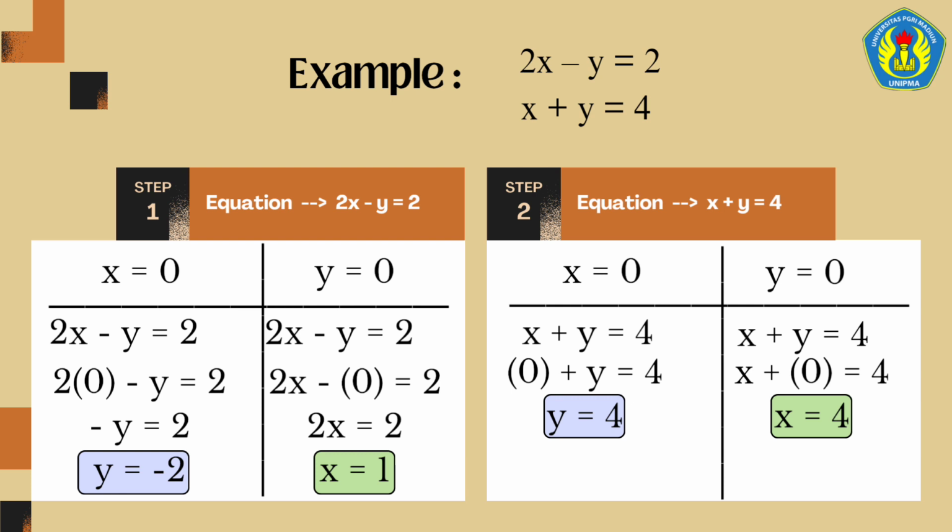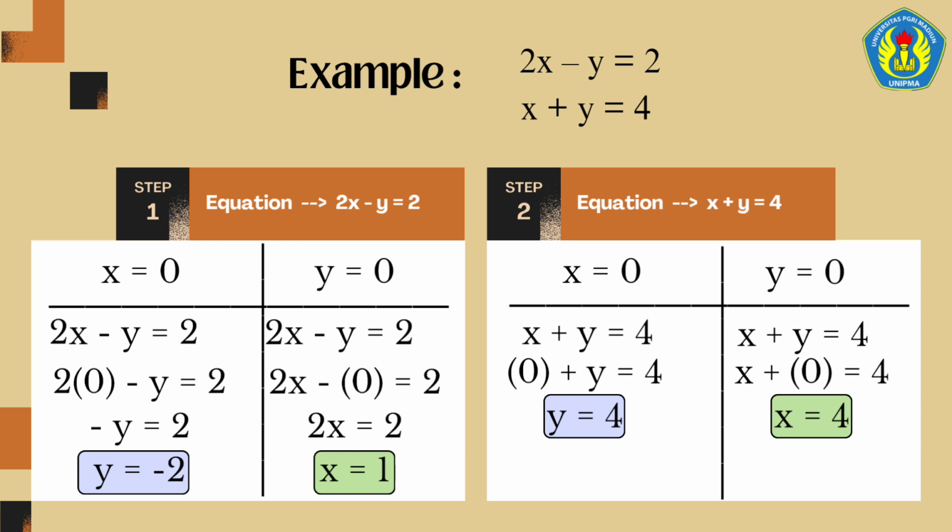First equation, 2x minus y equals 2. Second equation, x plus y equals 4. Solution. The table is used to determine the intersection point of the x-axis and the intersection point of the y-axis of each equation.